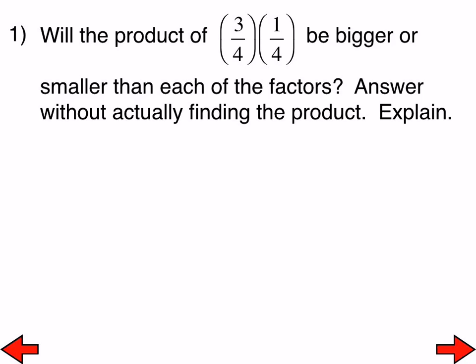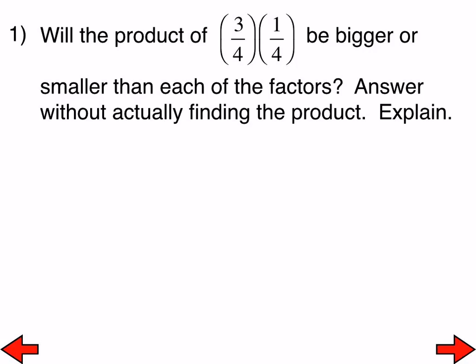Will the product of 3/4 and 1/4 be bigger or smaller than each of its factors? All right, have a quick discussion with your shoulder partner. So the question is, will the product of 3/4 and 1/4 be bigger or smaller than each of its factors? Well, bigger or smaller? What do you think?